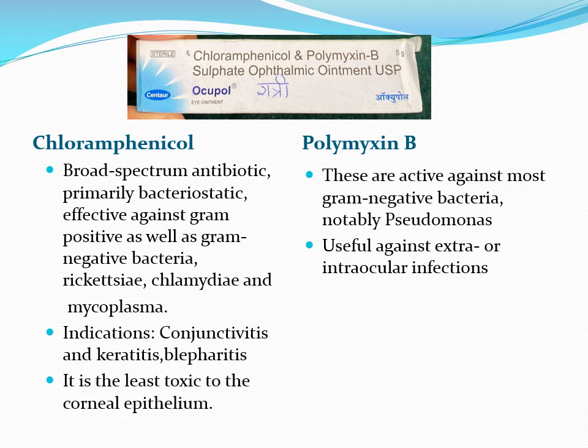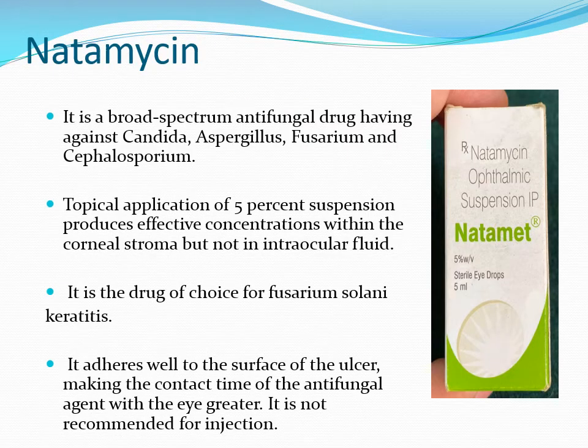It is least toxic to the corneal epithelium, and it is in combination with polymyxin B. This ointment can be used at night or BD, and it is given in conjunctivitis, keratitis, and blepharitis. It is used for intraocular, also for extraocular, conditions of the lids, conjunctiva, and cornea.